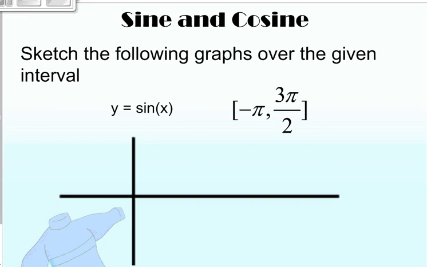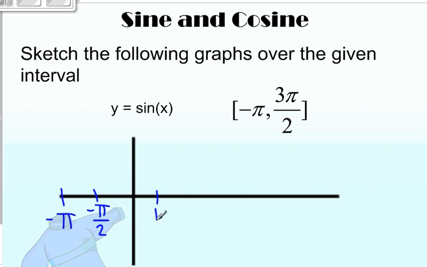So let's sketch the following graph, but for this given interval. So negative pi is back this way. So we've got negative pi, and please realize that we're using pi over 2 as our increment. So if there's negative pi here, this is going to be negative pi over 2, and then we'll end up at 0.